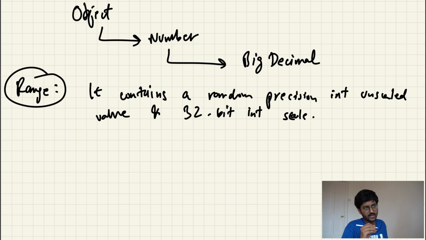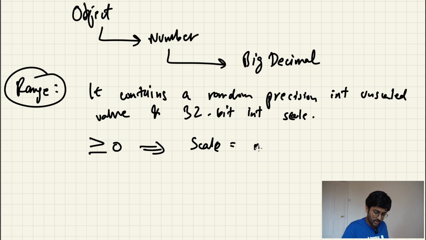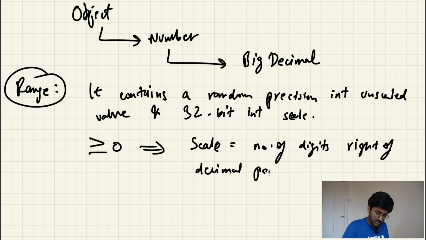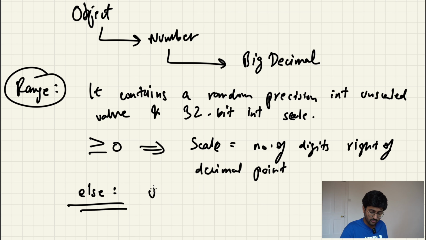If the scale is greater than or equal to 0, in that case the scale is equal to the number of digits to the right of the decimal point. Otherwise, the unscaled value is multiplied by 10 raised to power minus of scale.